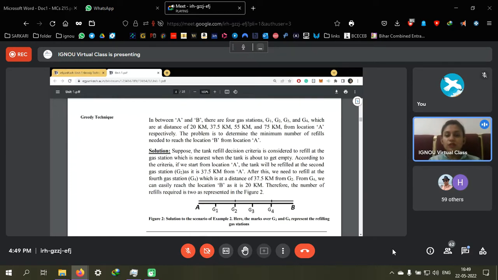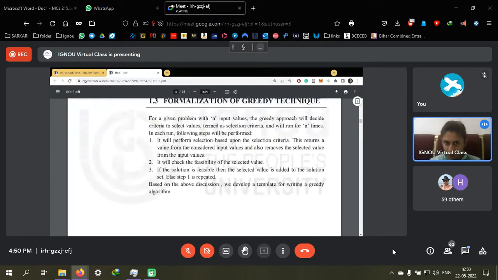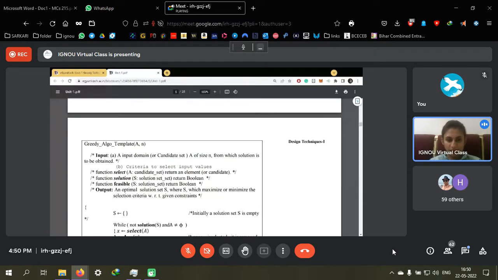After this, we need to refill at the 4th gas station, from G2. So we can reach location B, as it is 20 kilometers. Right? So you need to understand, you take very few resources and get the optimal solution to reach your destination. If you didn't understand the example, we have a next example.